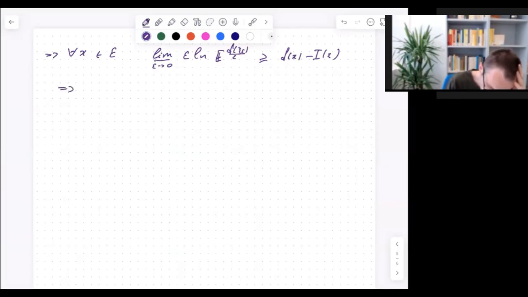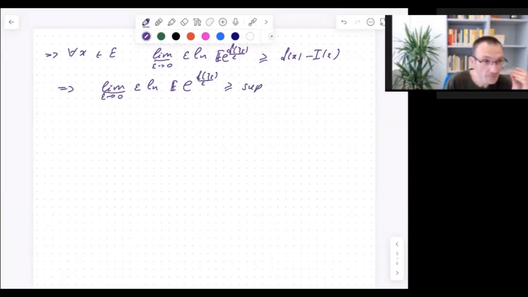Therefore, it implies that this limit is larger or equal than the supremum over E of f minus I.